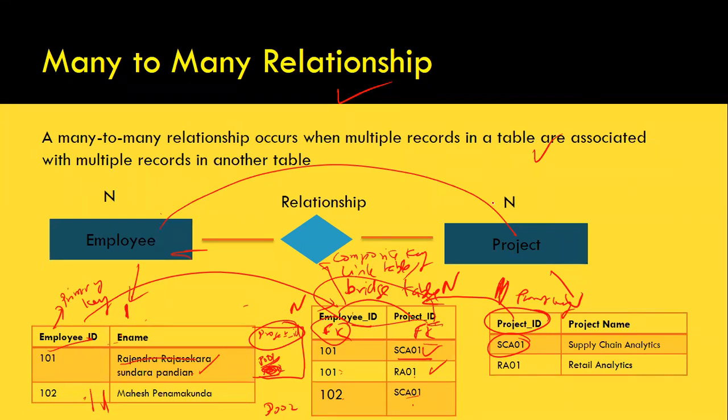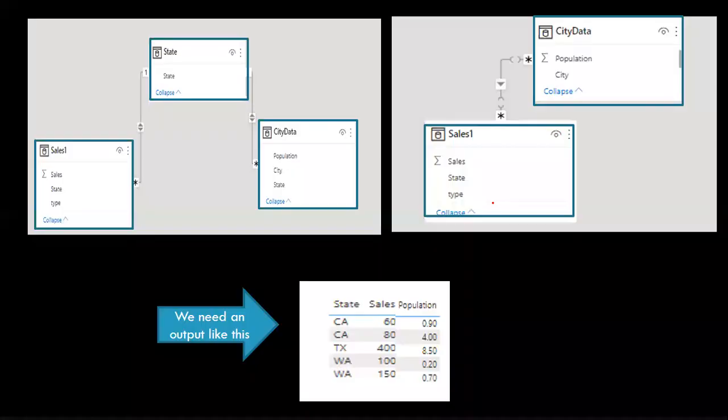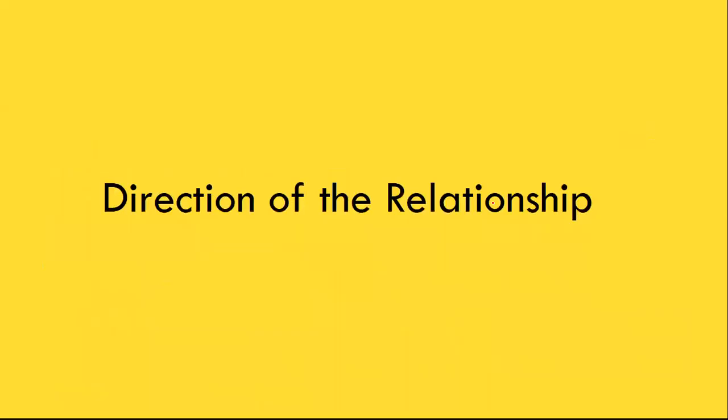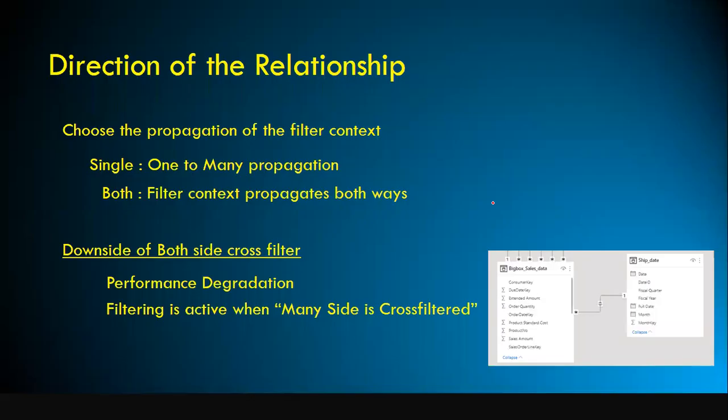Fine. The next topic is the direction of relationship. We have something called unidirectional relationship, and you have something called the cross filter direction, both. For example, you want to filter the data from your ship date to your sales data table.